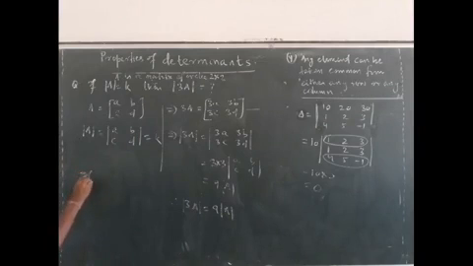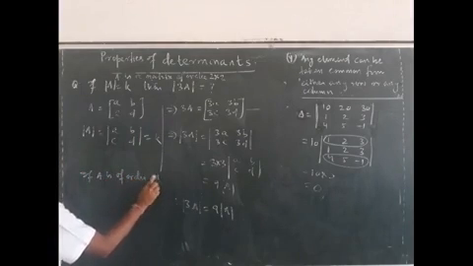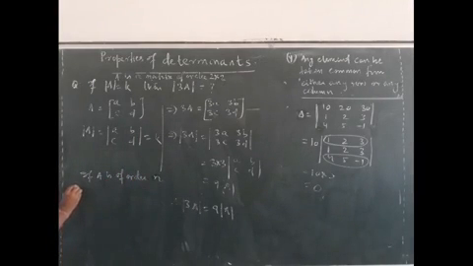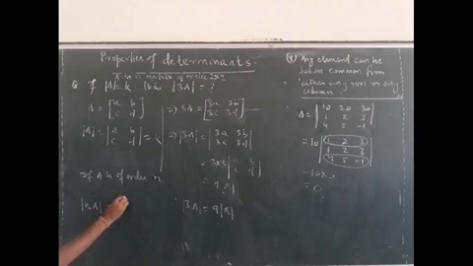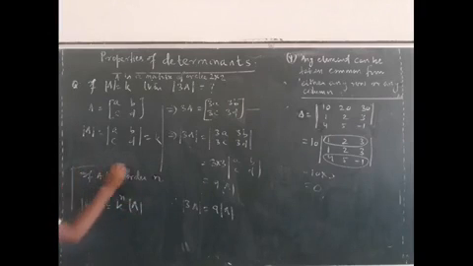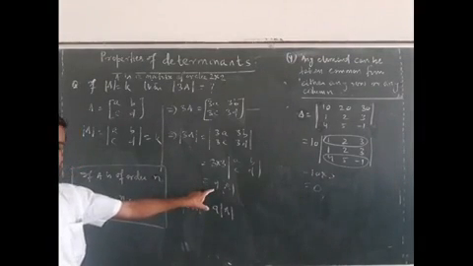And remember, if A is of order n, and the determinant of A is equal to K, then the determinant of K times A, leave it like this. If A is of order n, then the determinant of K times A will be K to the power n into the determinant of A. You see, here the order was 2, hence it will be 3 to the power 2.